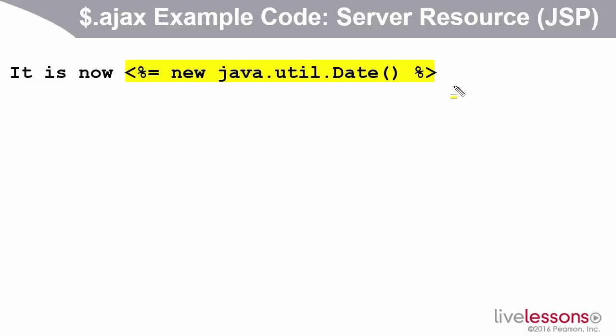The reason I do this is just so that if I press a button 3 times, I can verify that what I'm getting back from the server is different each of those 3 times, and I'll address this shortly. But you don't need to know Java to understand this lecture. You don't need to be able to modify these JSP files. And I also want to point out that JSP is not the way that you build dynamic web applications in Java.